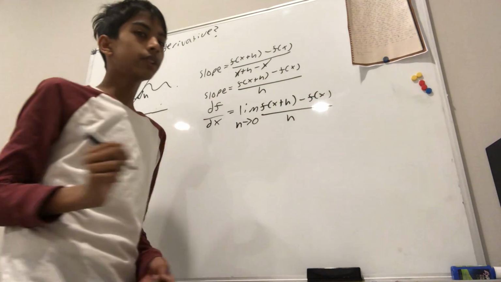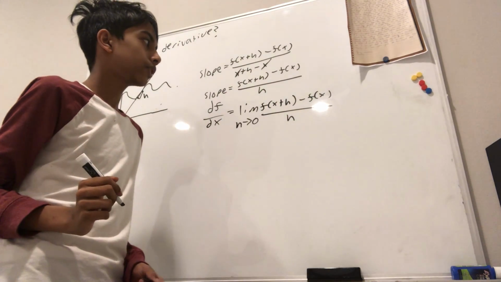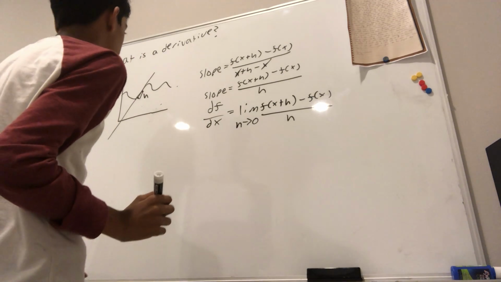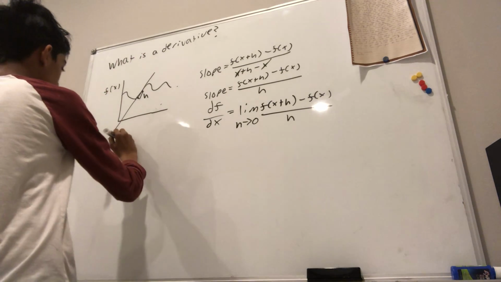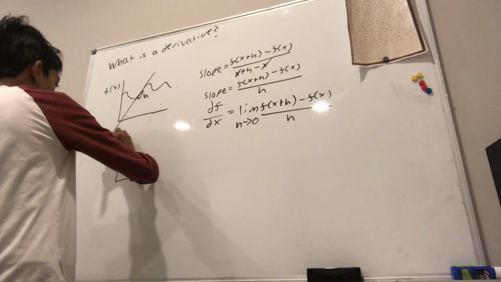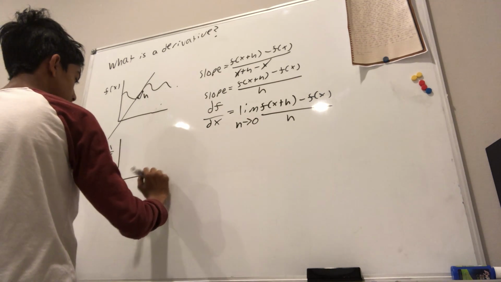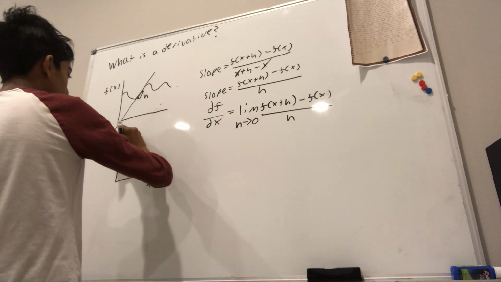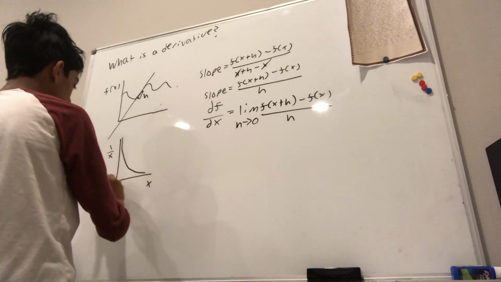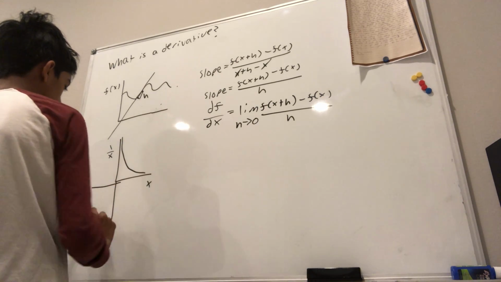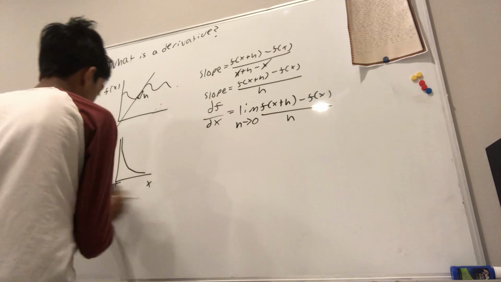So this could work for any function that is differentiable at some certain point where it's continuous. So let's say we have the graph of 1 over x.